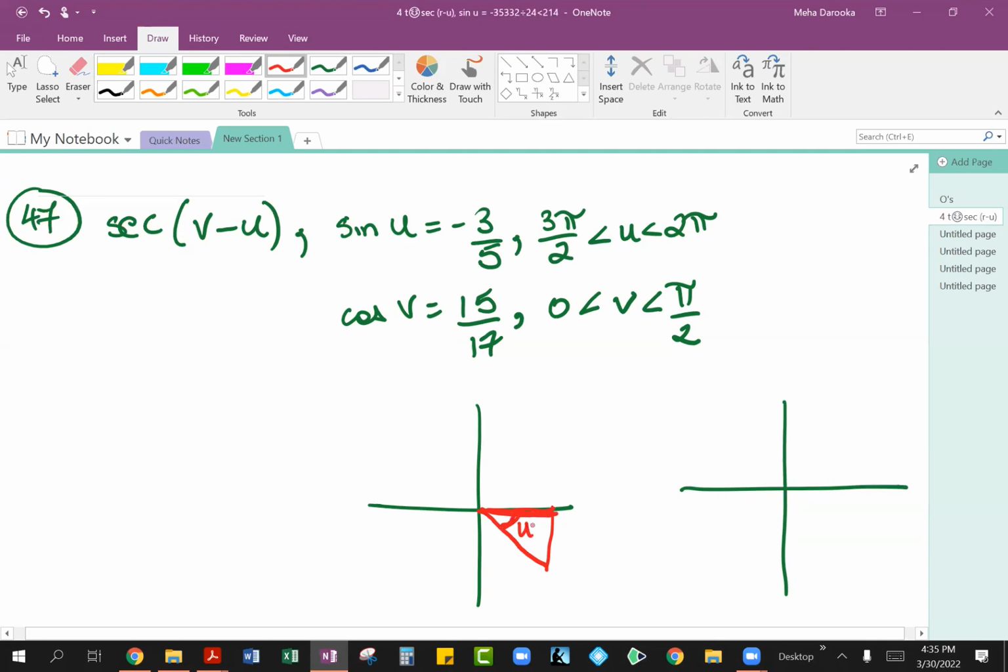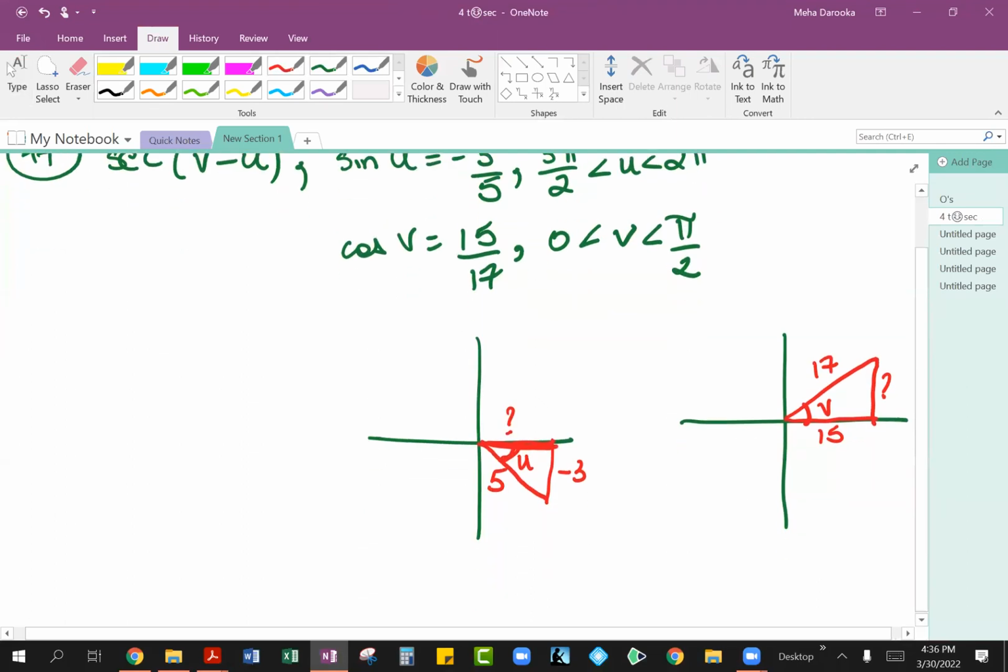Sine is opposite over hypotenuse, so we will need to find this side here. And then for cosine of v, we are given quadrant 1, so that triangle will look something like this. This is going to be v, and cosine is adjacent over hypotenuse. So we'll need to find the other missing side.